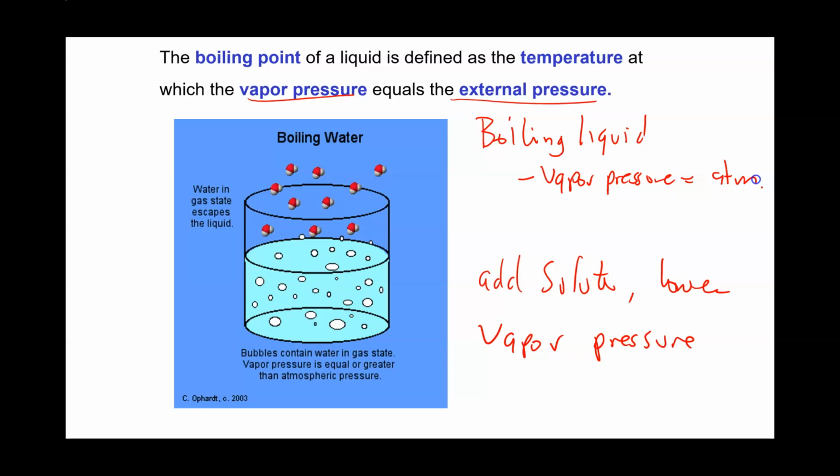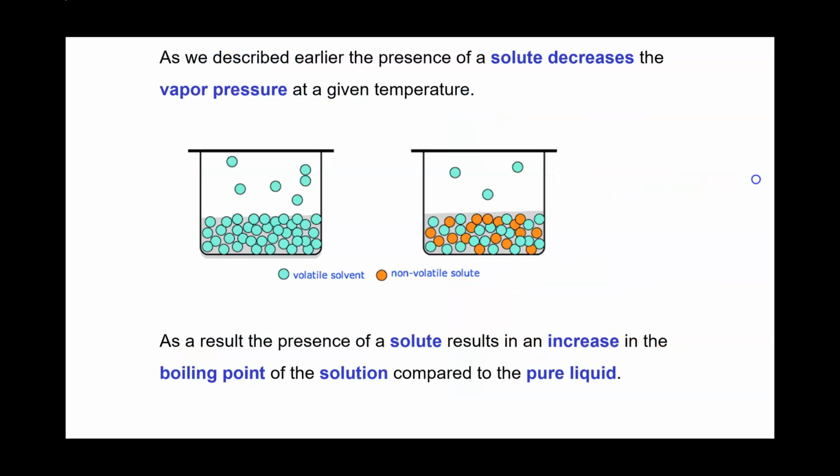The vapor pressure will get lowered and it won't be equal to the atmospheric pressure anymore, and the solution will stop boiling. So earlier we described that by adding a solute, we're going to lower the vapor pressure at a given temperature. As a result, the presence of a solute results in an increase in the boiling point of the solution compared to the pure liquid.